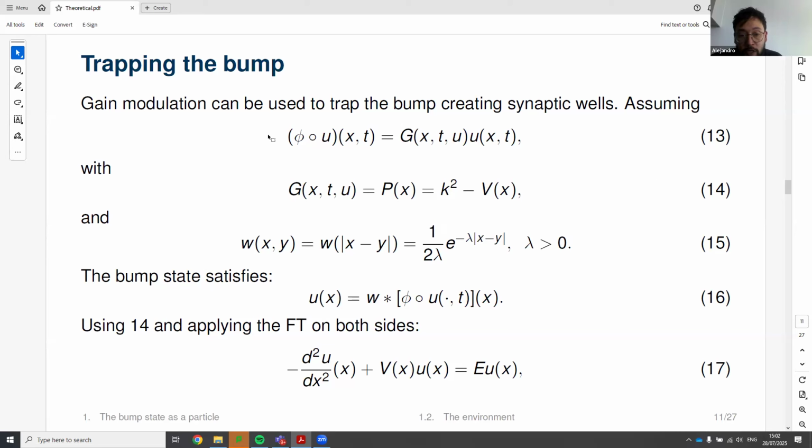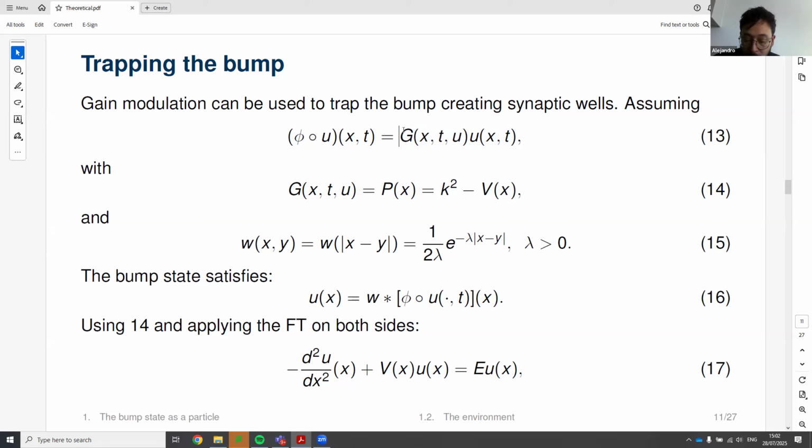So let's assume that we have a linear network. So this is the activation function. This is the composition operator, and this will be a linear network, but it will have some field of gains. So this activation function won't be homogeneous.